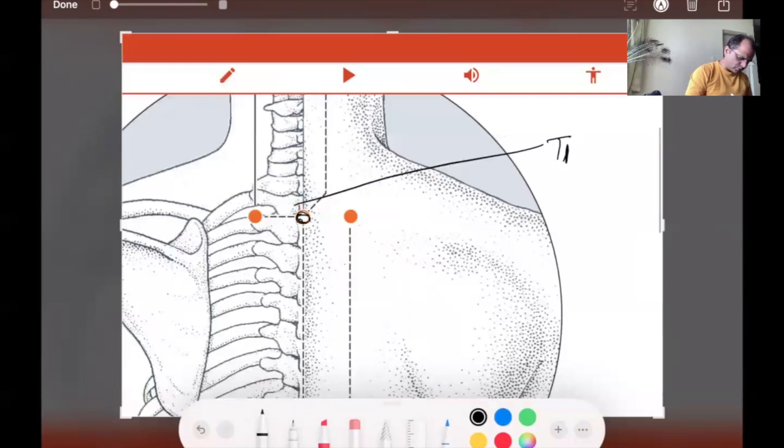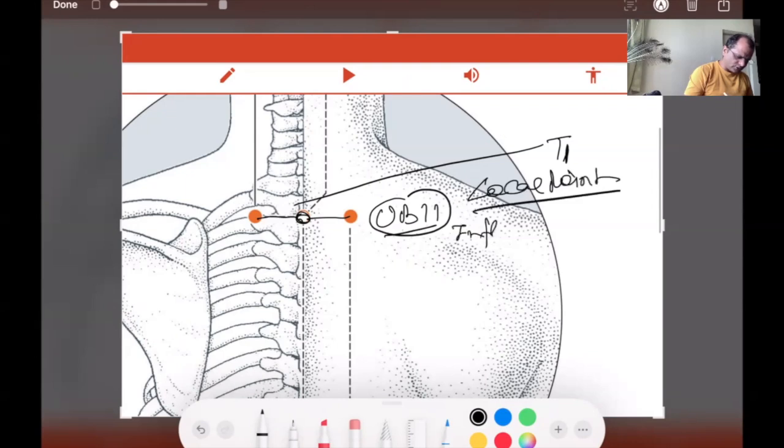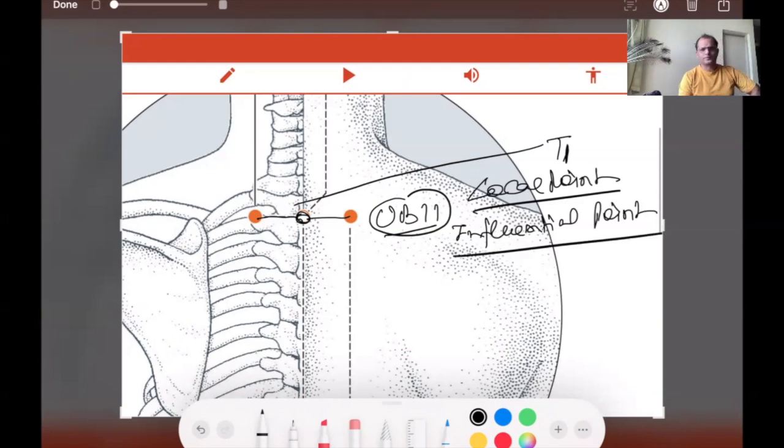If from this point we go right and left, that is urinary bladder 11. Urinary bladder 11 is the local point of the neck, as well as the influential point of all bones. So this is below the thoracic one.